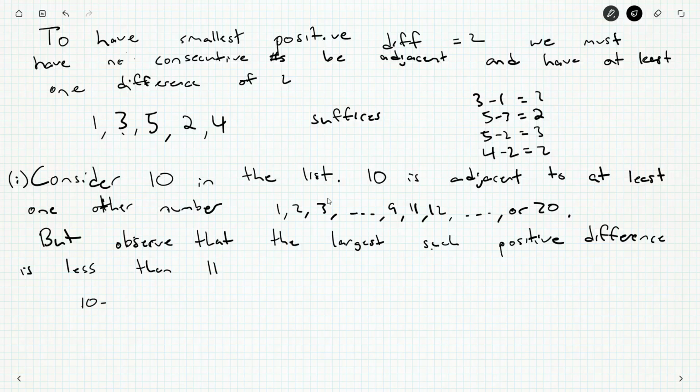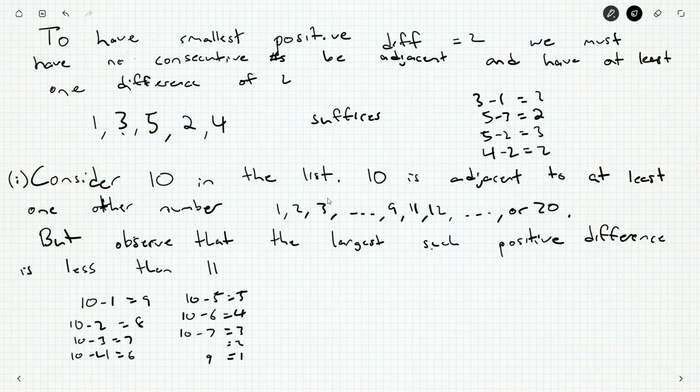So for example, 10 minus 1 is 9. 10 minus 2 is 8. 10 minus 3 is 7. 10 minus 4 is 6. 10 minus 5, of course, 5. 10 minus 6 is 4. 10 minus 7, 3, 2, 1.